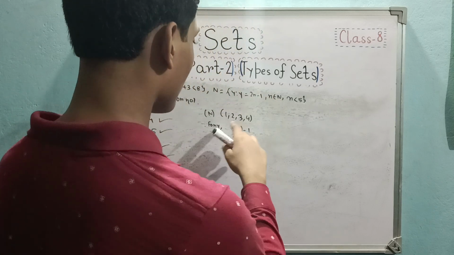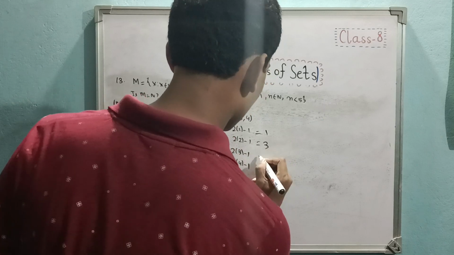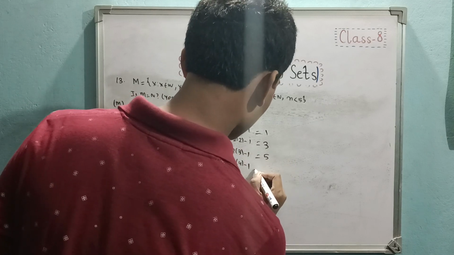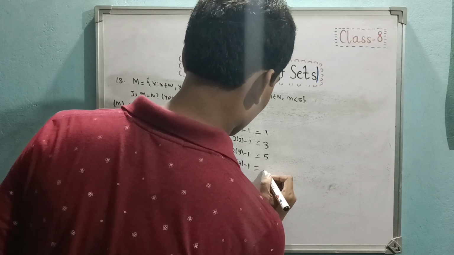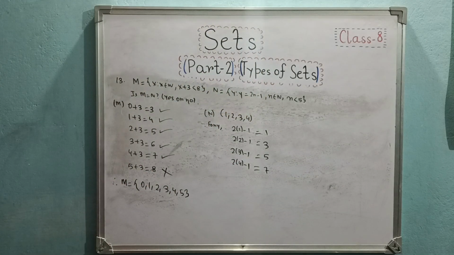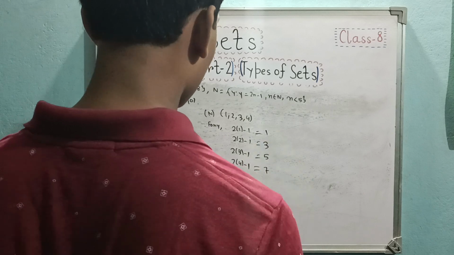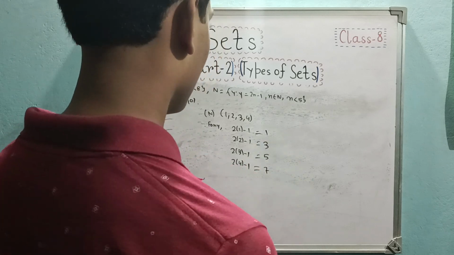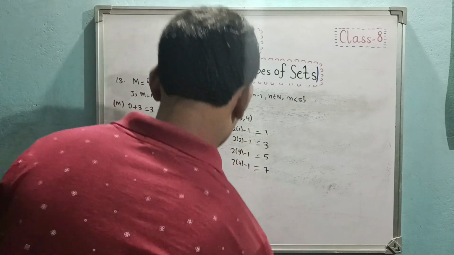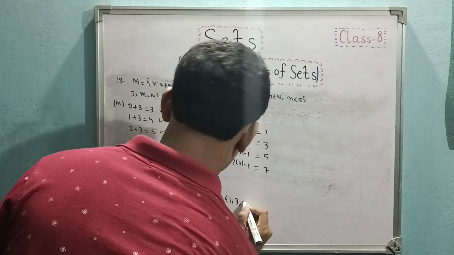This is equal to 1, this is equal to 3, this is equal to 5, this is equal to 7. 4 minus 1 is 7. Okay. Now let us see what the set N is. N is {1, 3, 5, 7}. Got it?